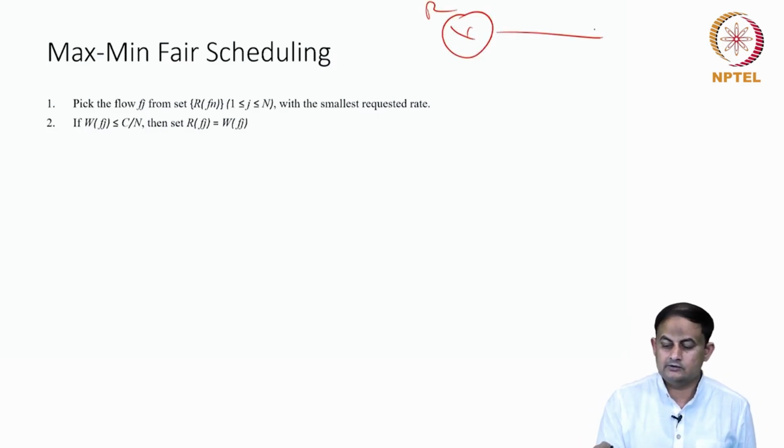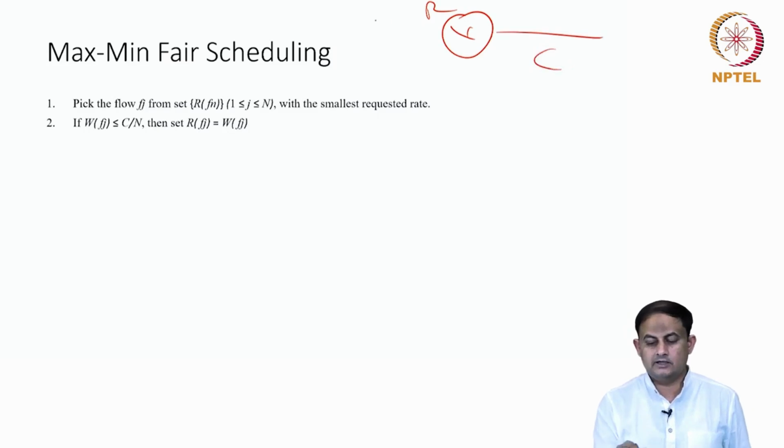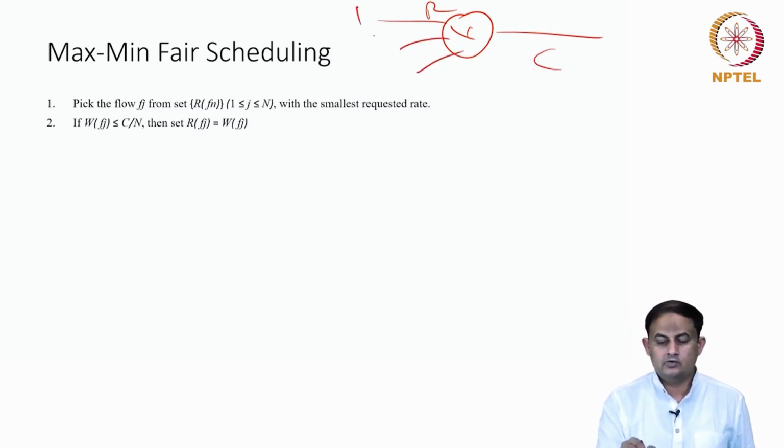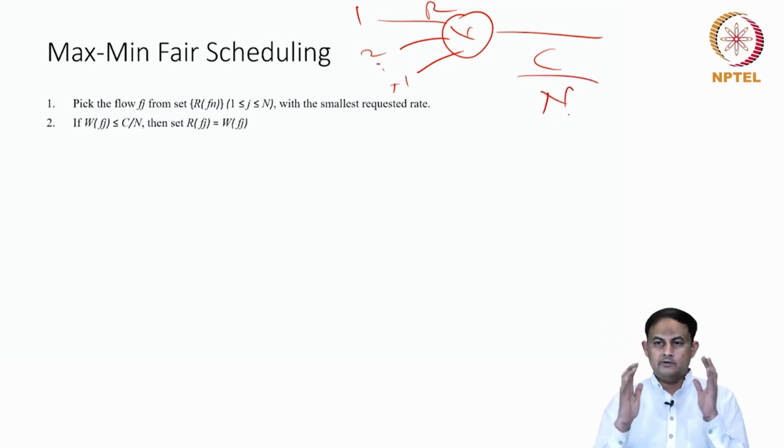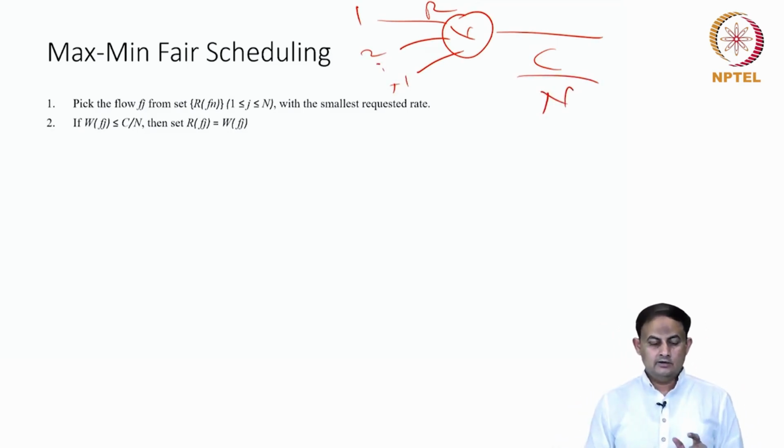So, there is a router with capacity C, and there are n users, 1 up to n. C by n is the fair share of the capacity available to one user.